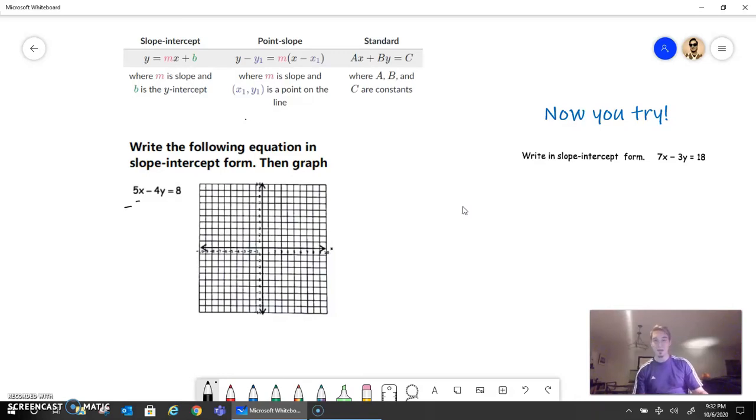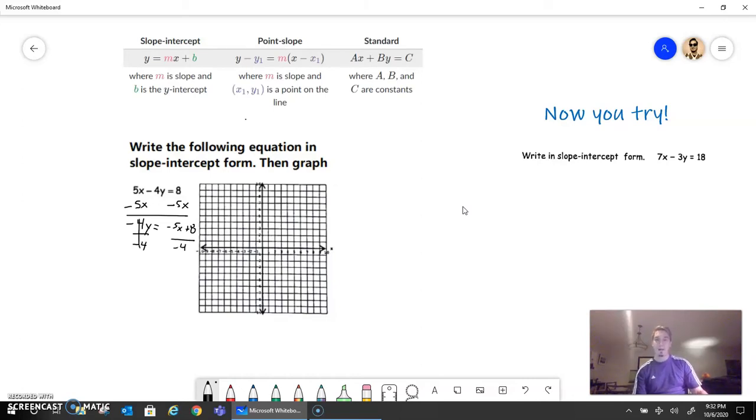So I'm going to subtract 5x from both sides of this equation. I'm going to get negative 4y equals negative 5x plus 8. Now I'm going to go ahead and divide both sides by negative 4.